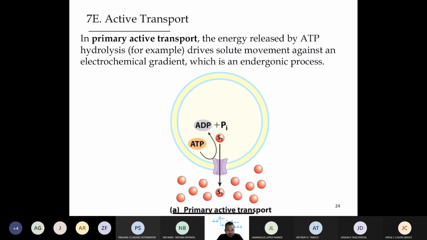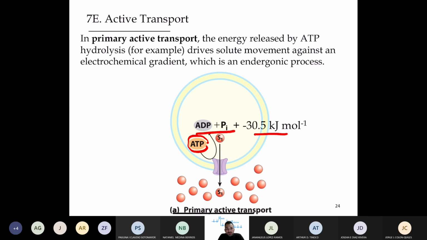Well, in primary active transport, we use the energy released by ATP hydrolysis. Here is just a representation of ATP, and you're basically getting the lysis of the terminal phosphate of the molecule, leading to the formation of ADP and an inorganic phosphate. That process releases a significant amount of energy, negative 30.5 kilojoules per mole.